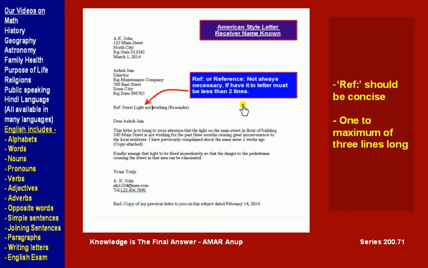This should in most cases be a line long at the most. It could be just a few words, three words, four words, that's more than enough. It should never be more than two lines long unless you are referring to previous communication where you wrote some company a letter many times, three or four times.